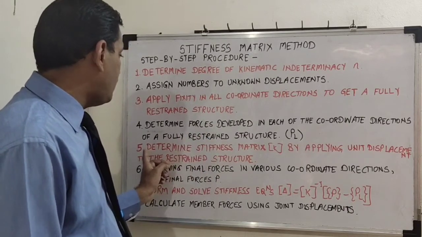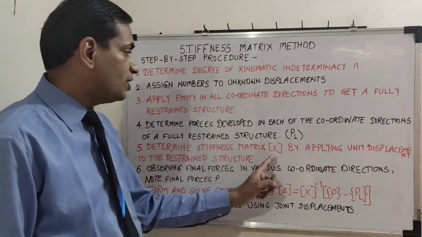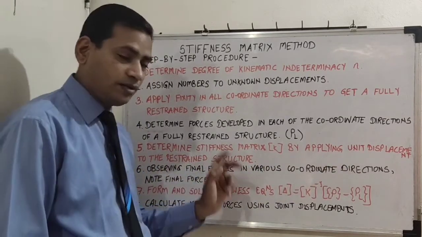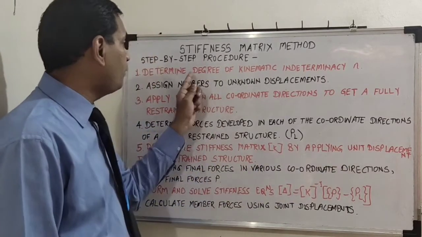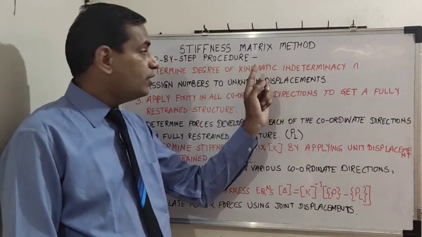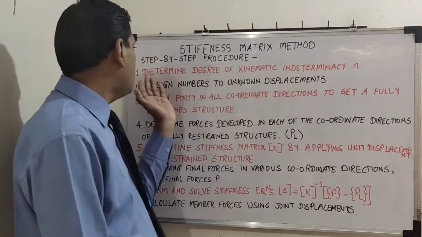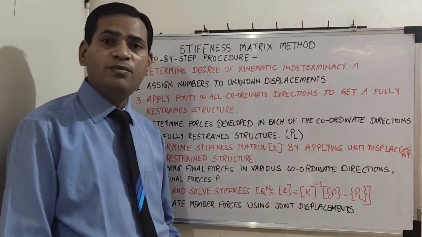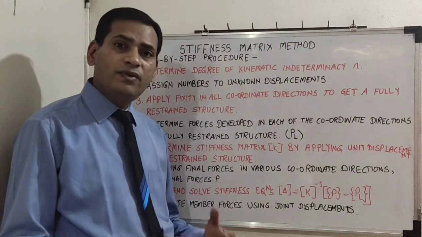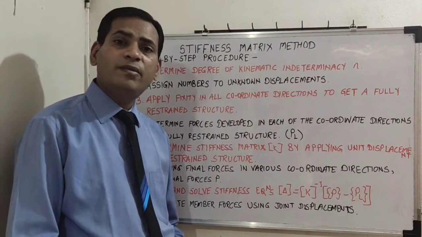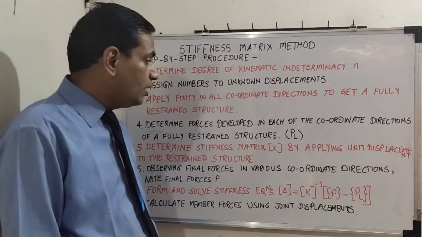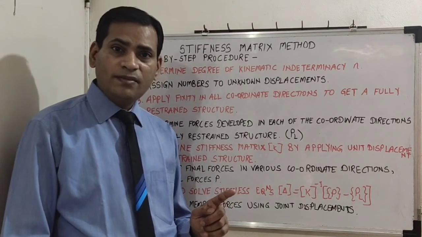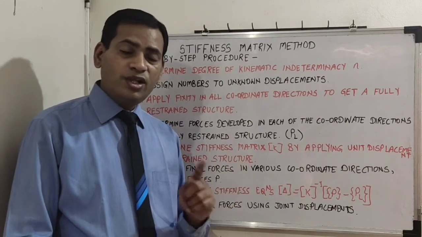Then number 5, determine the stiffness matrix K by applying unit displacement to the restrained structure. In the first step we have found the degree of kinematic indeterminacy and decided the number of unknowns. We have to give numbering to these unknowns, and whatever is our first unknown, we have to assume that unknown as unit value.